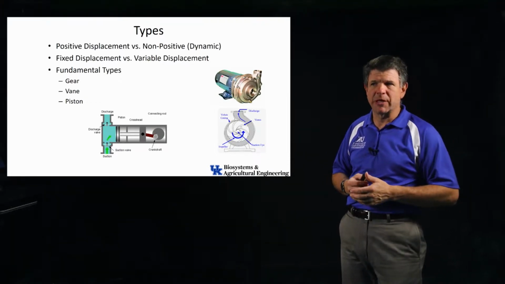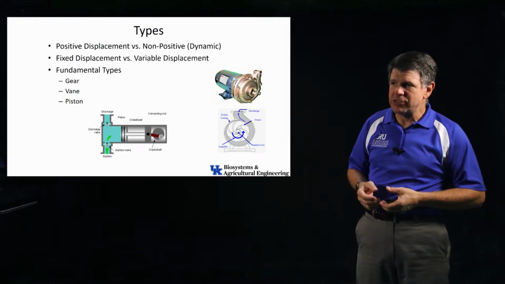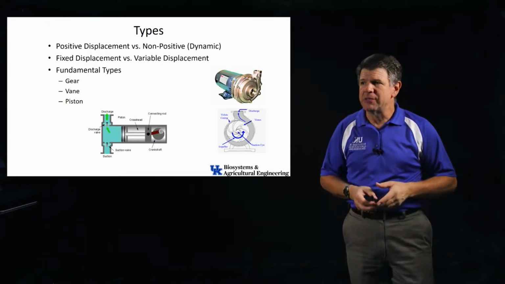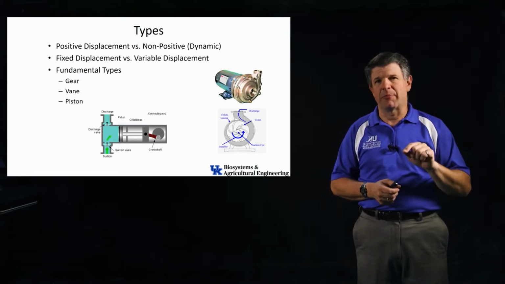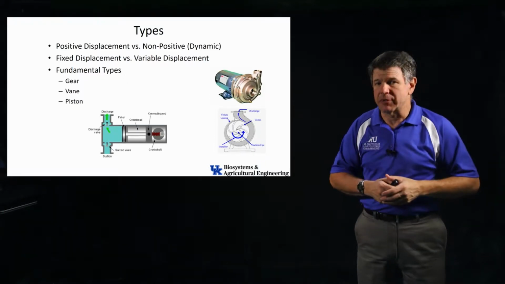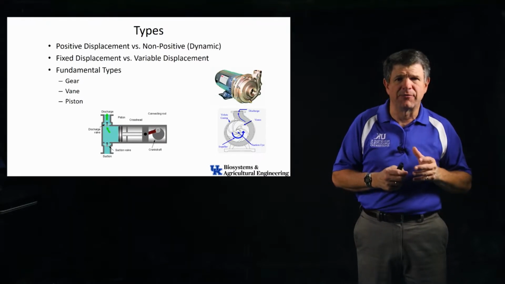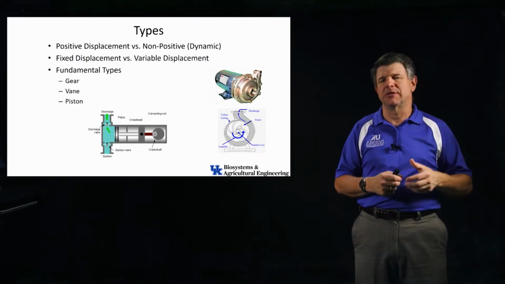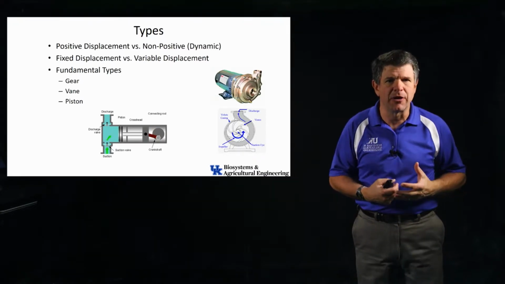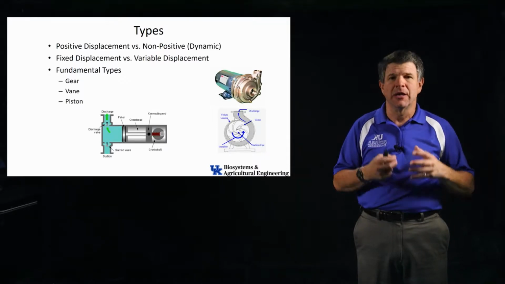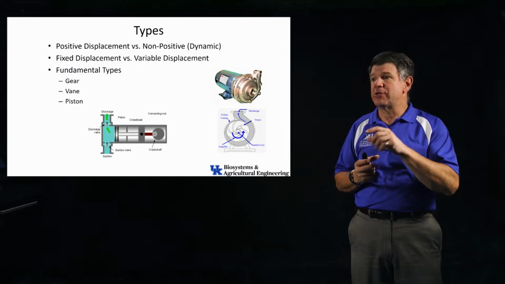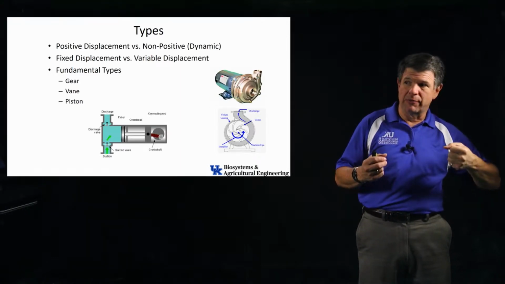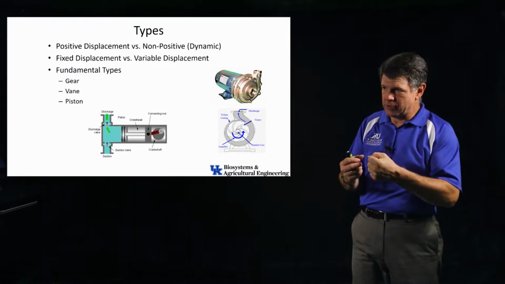And a positive displacement pump, like that animation you see on the bottom there, means that for every rotation of the shaft on that pump, I'm going to get a certain amount of material out of it. Now, there's going to be some variation there with inefficiencies and leakage and stuff like that, but on a theoretical basis, that pump is sealed, so like on that piston there, every time that shaft rotates, I pull a certain amount of material into that piston and I push it right back out.